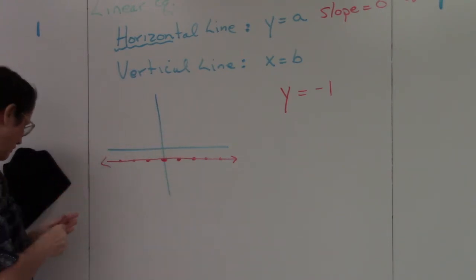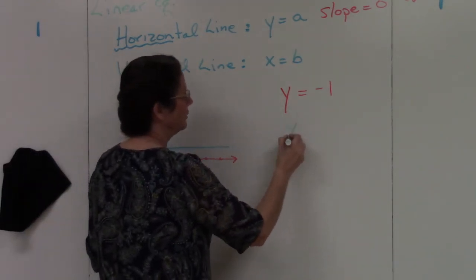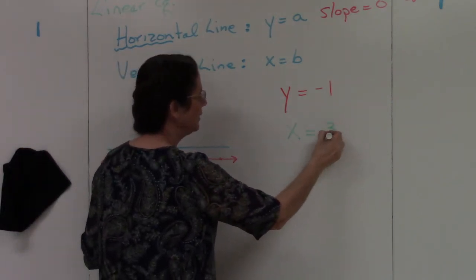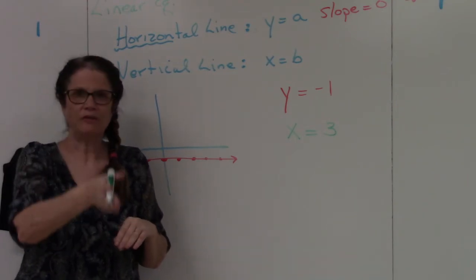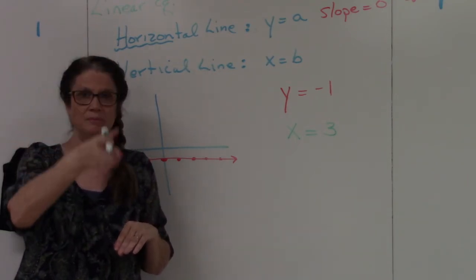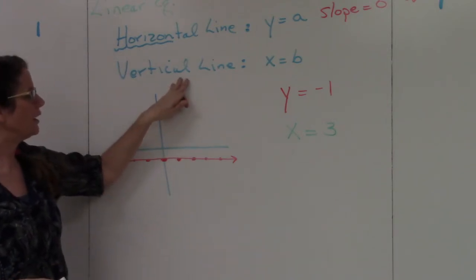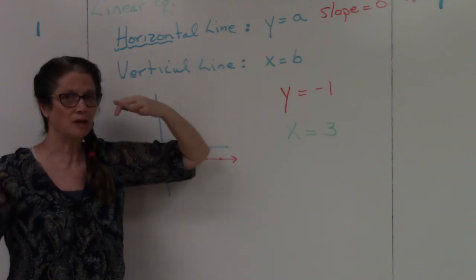For our vertical line, I'm going to do that in a different color. We have x equals, and we'll call it 3, x equals 3. A vertical line is up and down. It goes from top to bottom, just like our y-axis is vertical, okay? So a vertical line, the linear equation is always x equals a number.